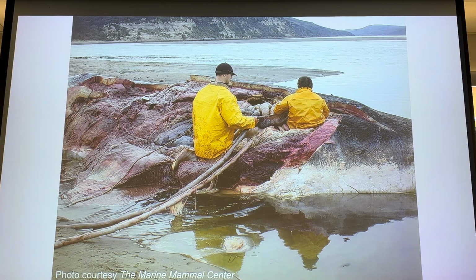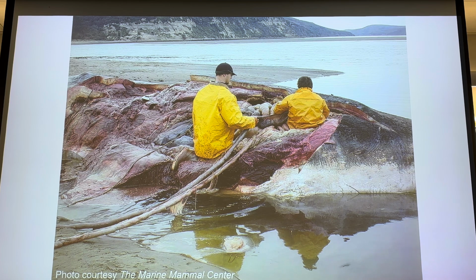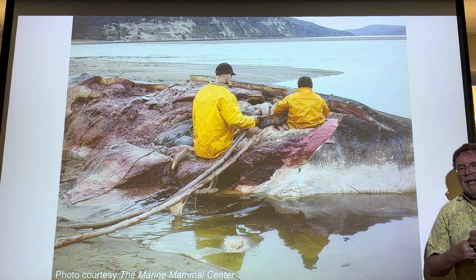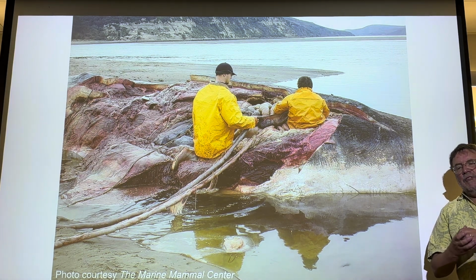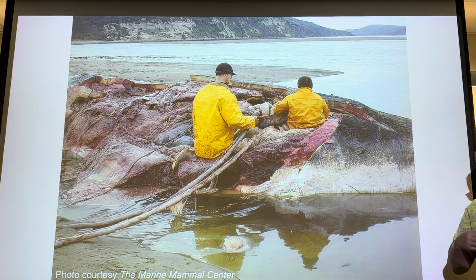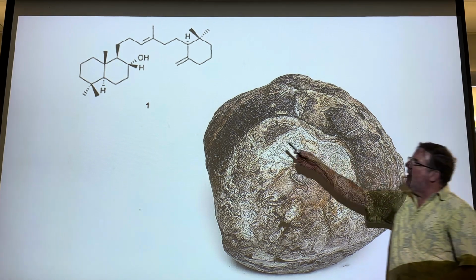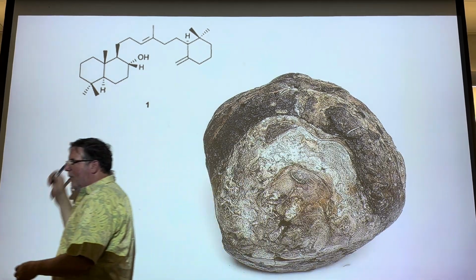It doesn't digest that. This part of the giant squid will accumulate at the bottom of the stomach at the entrance to the small intestine. As it accumulates there, it will begin to be covered with another lipid. It's this lipid right here, and it's known as ambergris.